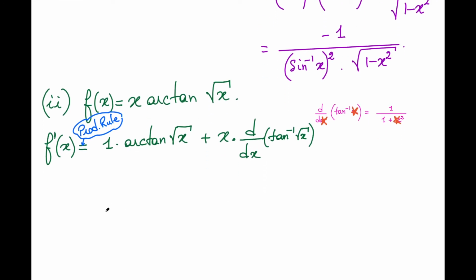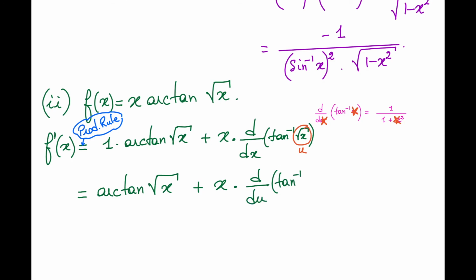So this is arctan, or tan inverse, of square root of x plus x times, I'm gonna call this guy u, and I'm differentiating with respect to x this guy. So I'm gonna differentiate with respect to u this guy, correct, times the derivative of u with respect to x.